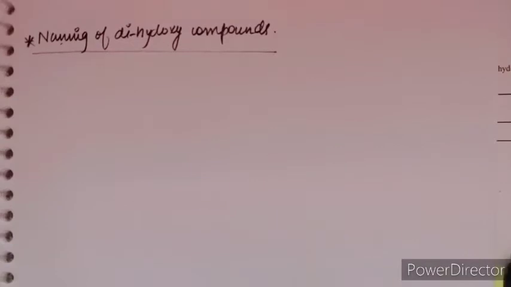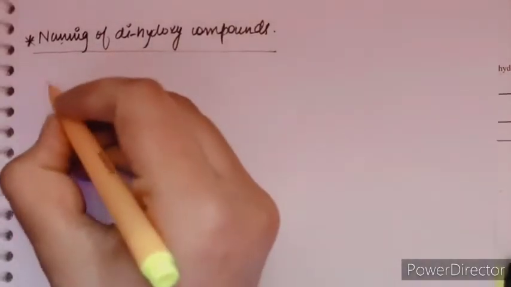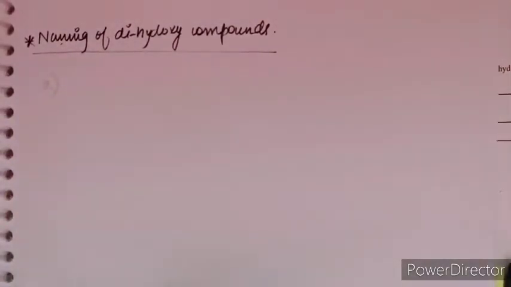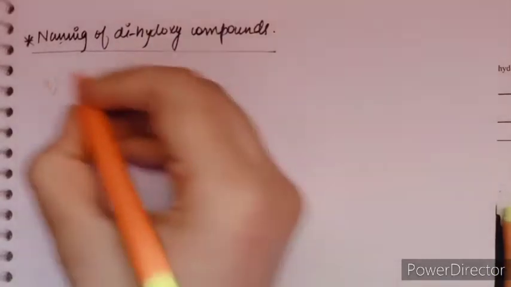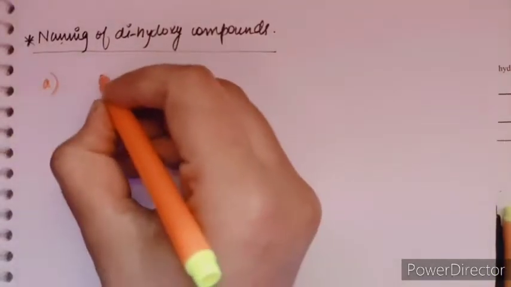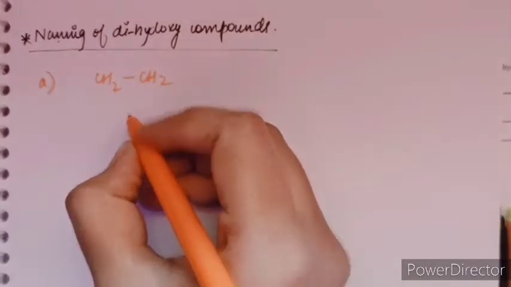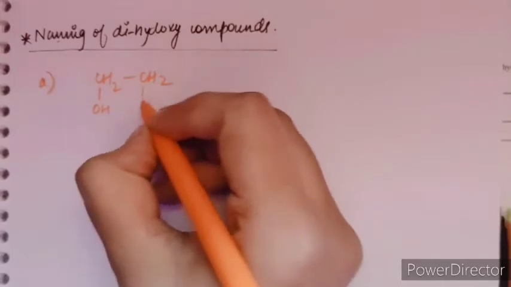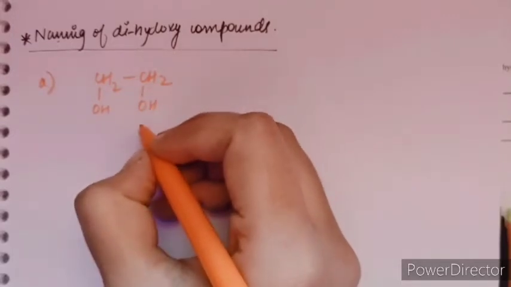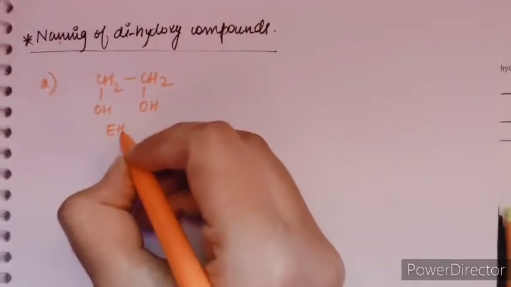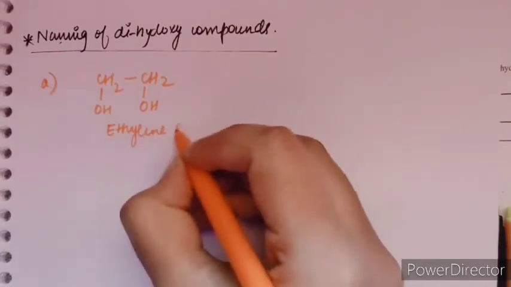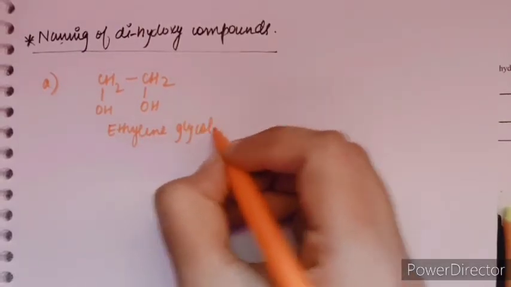Now in this video we will start the naming of dihydroxy compounds. So the first rule is, when two OH groups are attached to adjacent carbon atoms, they are termed as alkylene glycol. This means if there are two carbon atoms, CH2 and CH2, and two hydroxy groups are attached to each other, the name should be ethylene glycol.